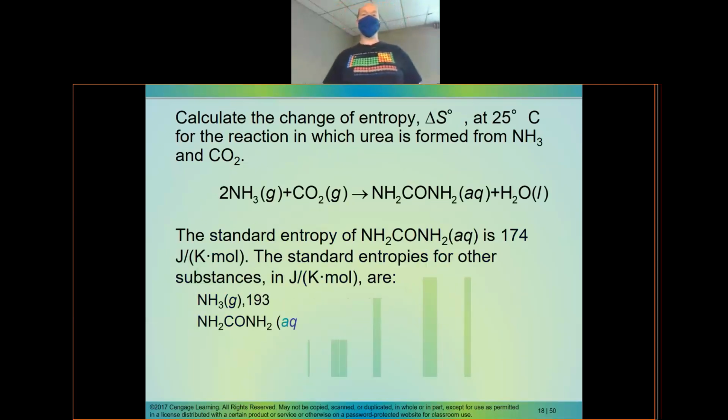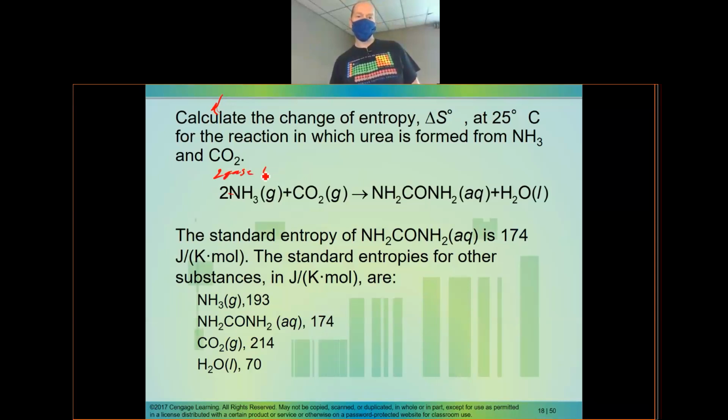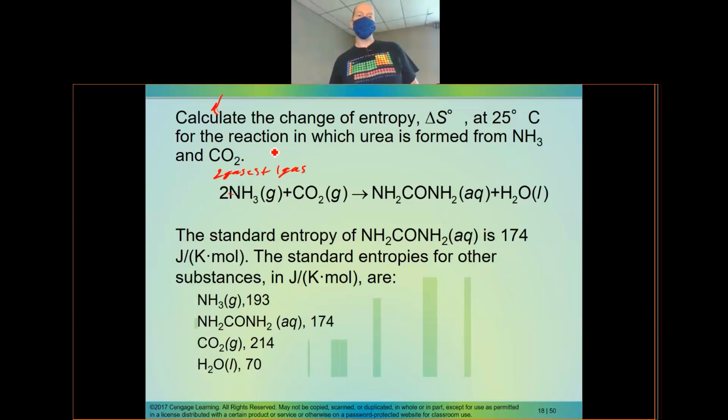All right, so calculate delta S. First we can look at it and see what sign we are going to get. And you see that in this example, we have two NH3 gases, so we have two gases here plus one gas here. So we have a total on this side of 3 gases.